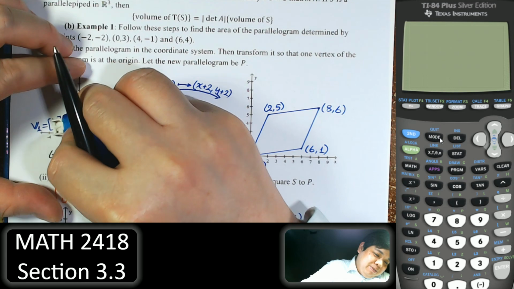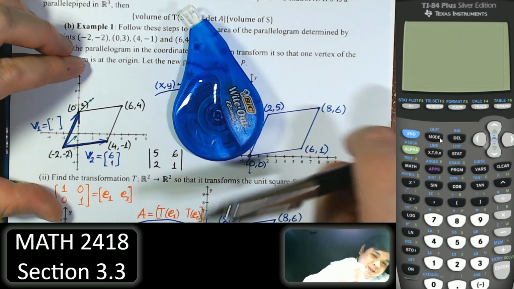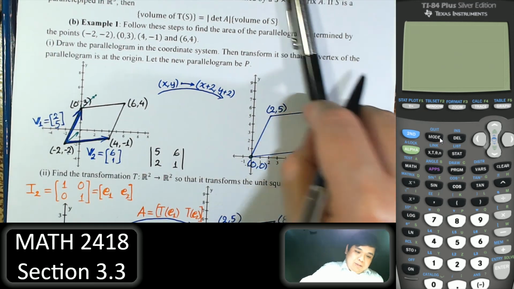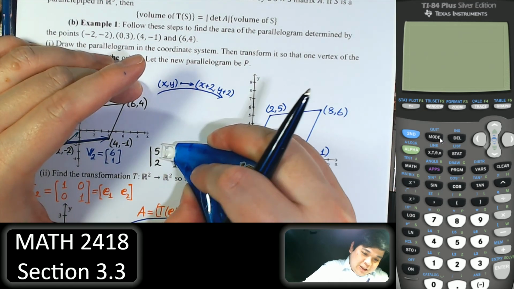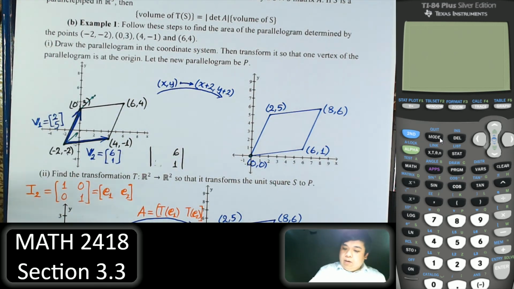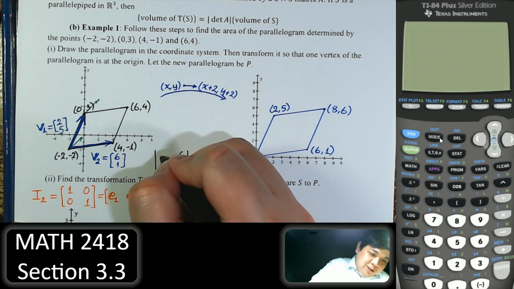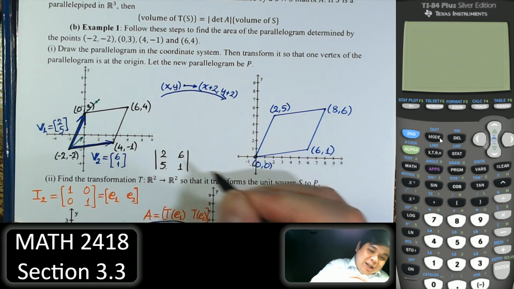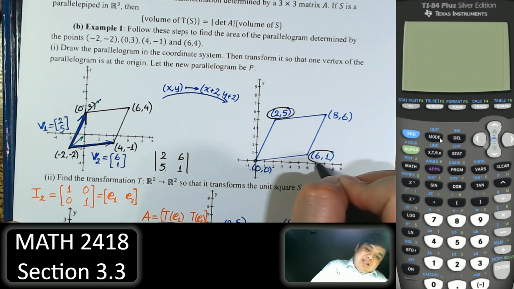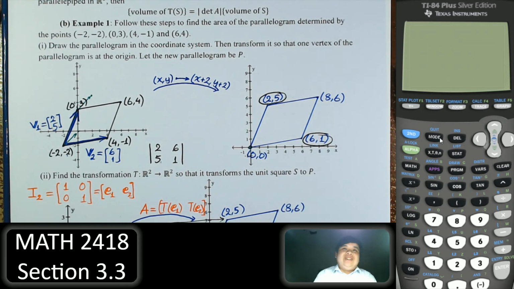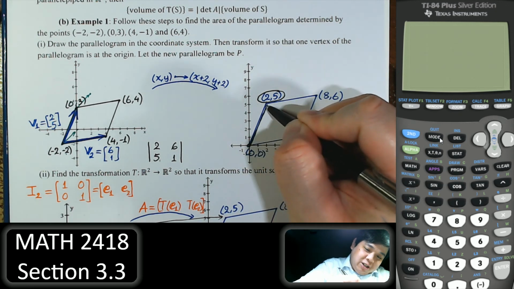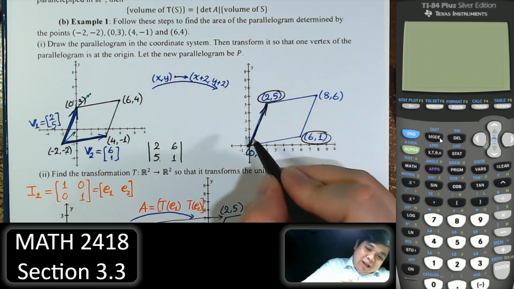Sorry. Actually, we can see that those are the vectors 2 and 5 and 6 and 1. Yes, those are the vectors. So in this case, the parallelogram is formed by these two vectors 2 and 5 and 6 and 1.